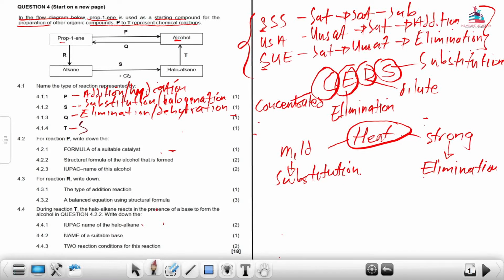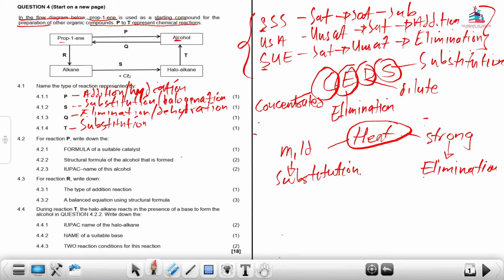Must be substitution. I don't know what happened to my pen here. It must be now a substitution reaction.